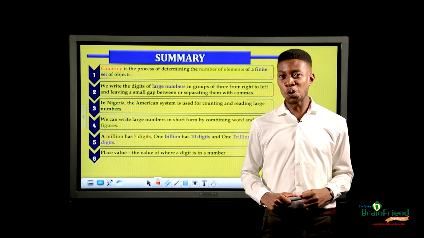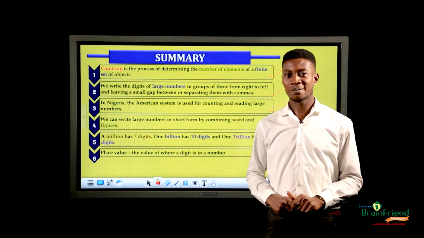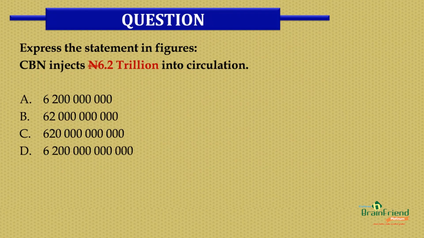And of course you do know, it is test time. Question 1. Express the statement in figures. CBN injects 6.2 trillion naira into circulation. From the options, which is the correct answer?